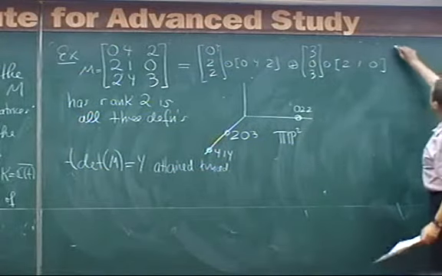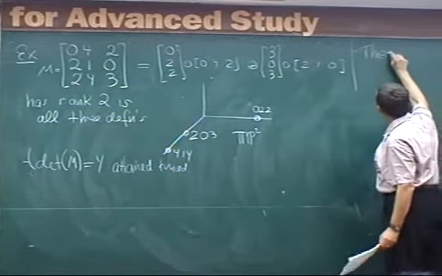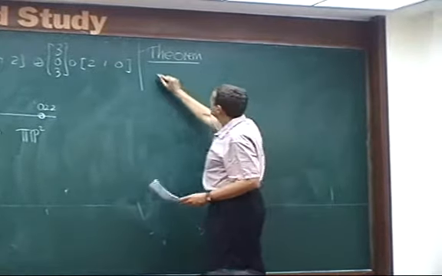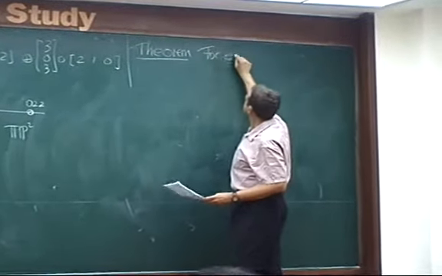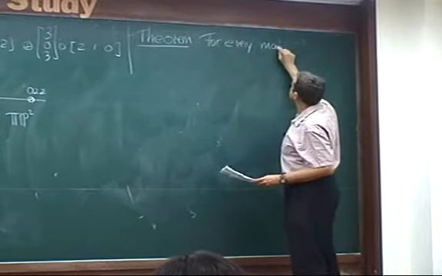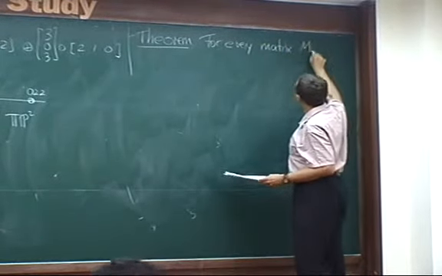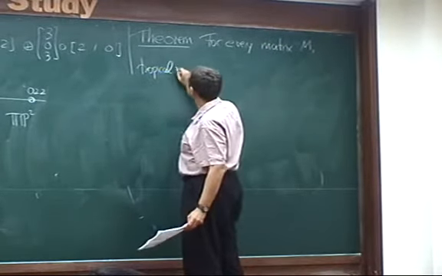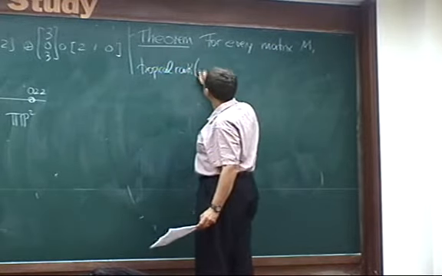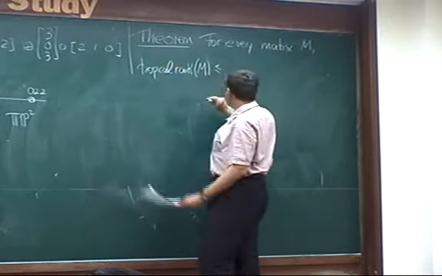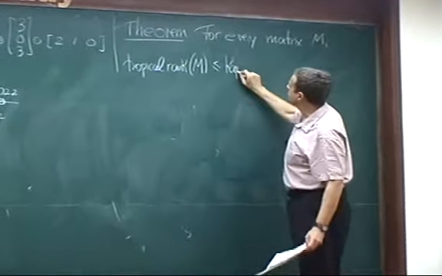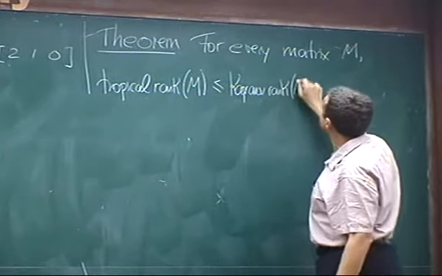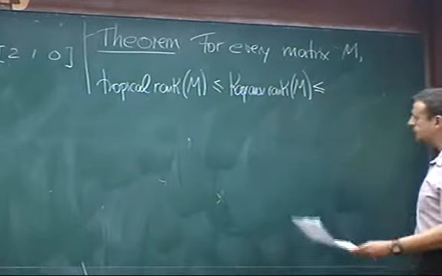Okay, so we have the following theorem today. So for every matrix M, we have the following inequalities. The tropical rank of M is less or equal to the Kapranov rank is less or equal to the Barvinok rank.